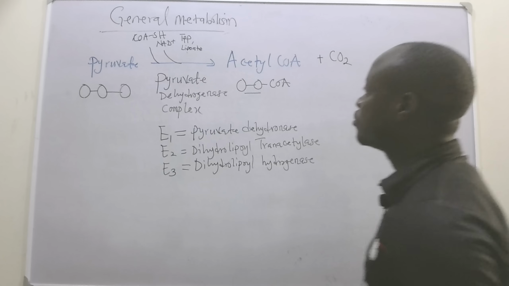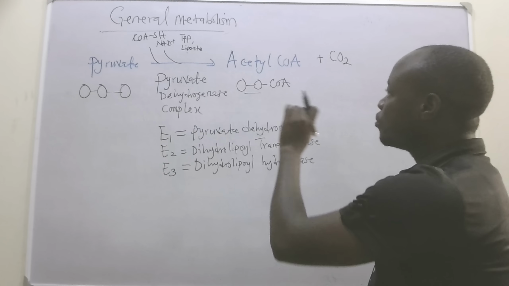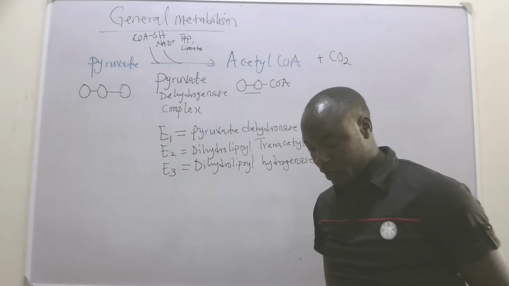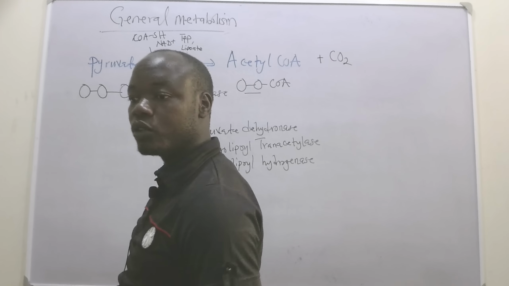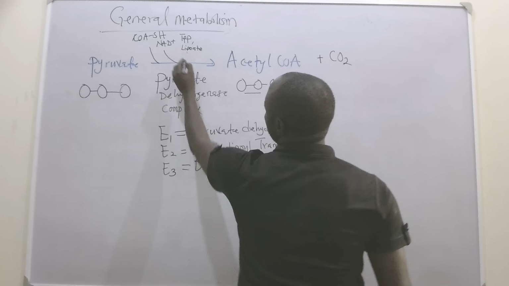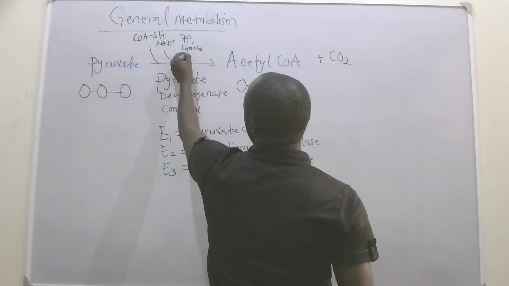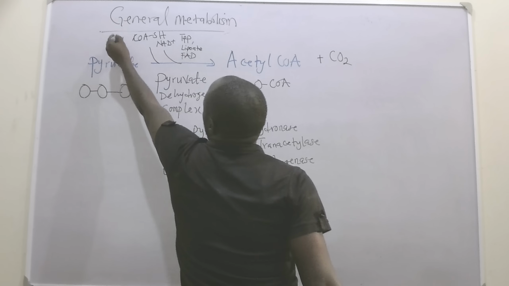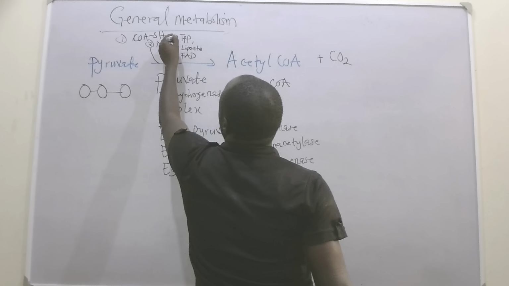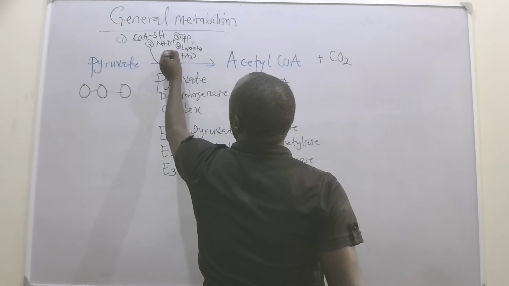How many cofactors so far? Also the coenzymes, we have four different coenzymes here. And then after this, there is also FAD. So you see 1, 2, 3, 4, 5.